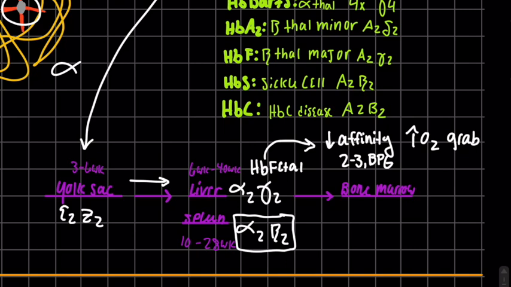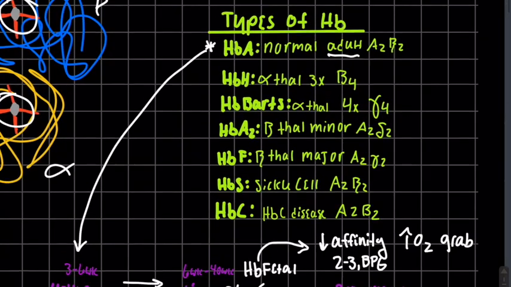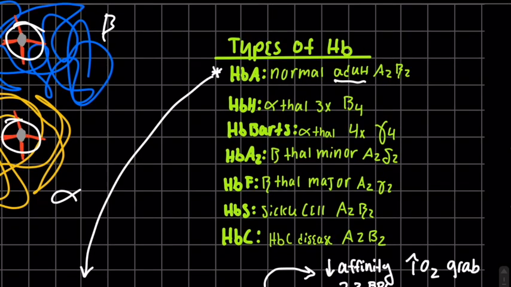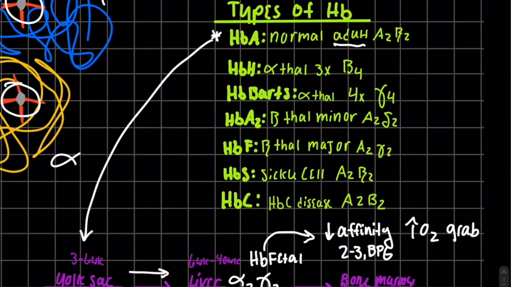Then our hematopoiesis, the construction of our red blood cells, is going to move over to the bone marrow, and the bone marrow is going to make alpha 2 beta 2 as well. So that's a couple of little intro things about the embryology of hemoglobin, which is very important to think about, and it's very clinically relevant as well.